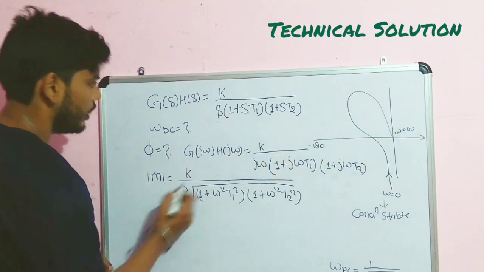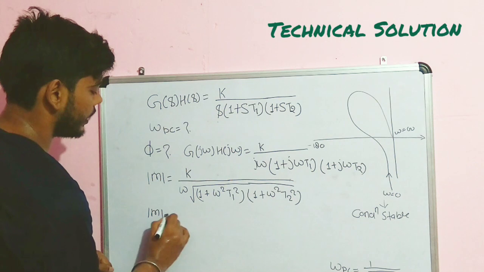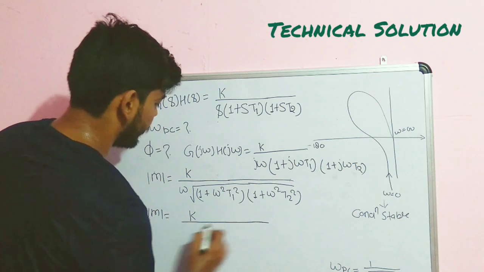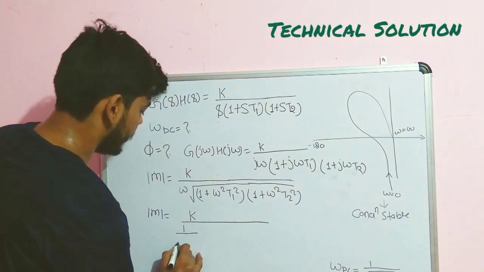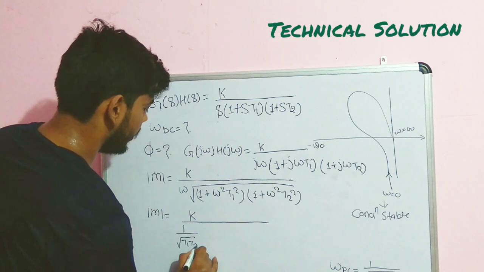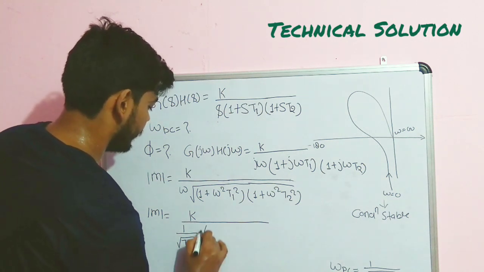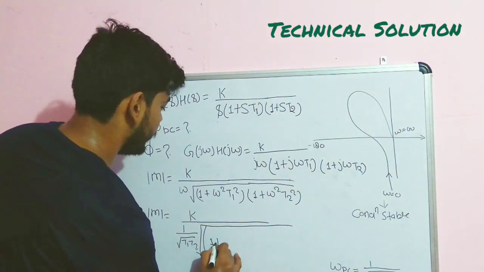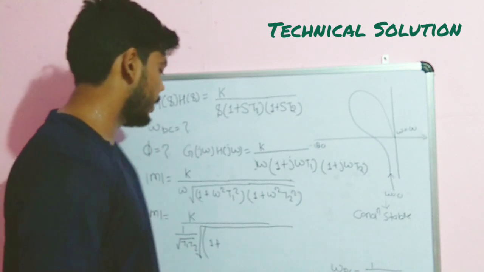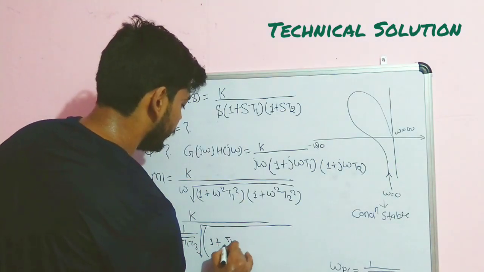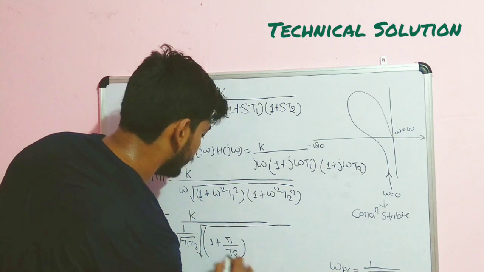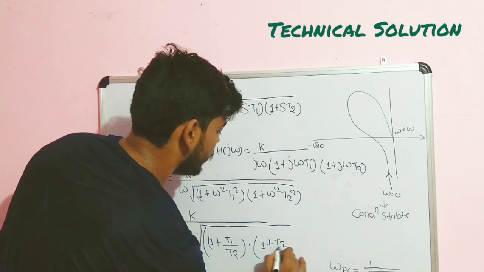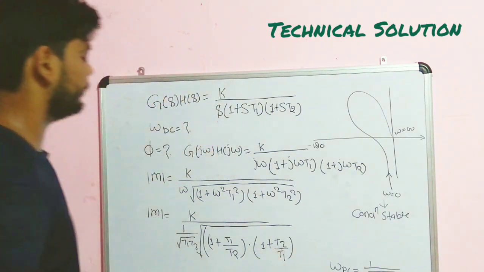So the magnitude at the intersection point is, when we put omega pc in place of omega, k upon the value of omega pc, which is root of t1 t2, times root of (1 plus, in place of omega square we put 1 upon t1 t2, so it becomes t1 upon t2), similarly (1 plus t2 upon t1).